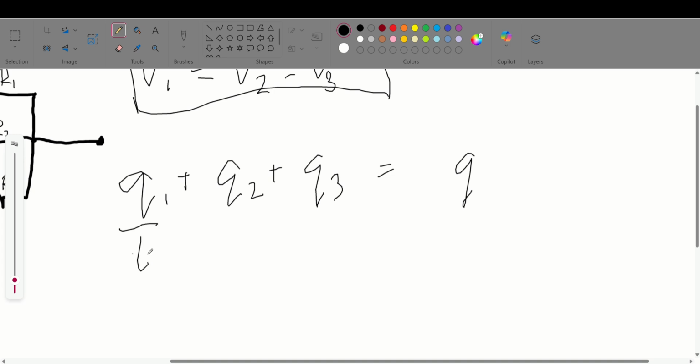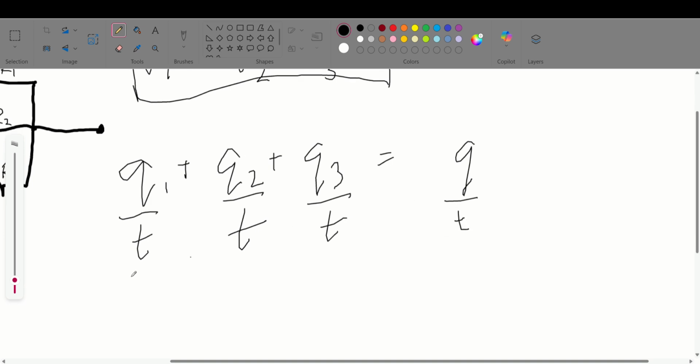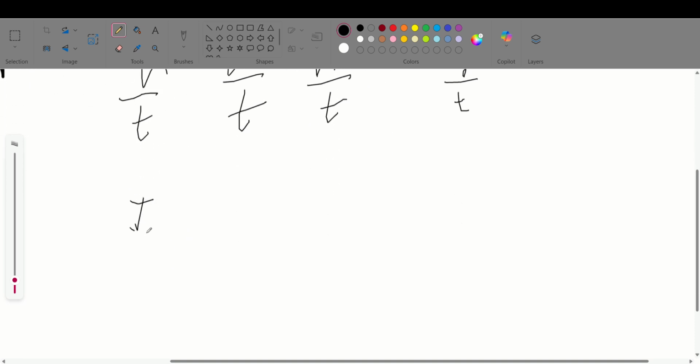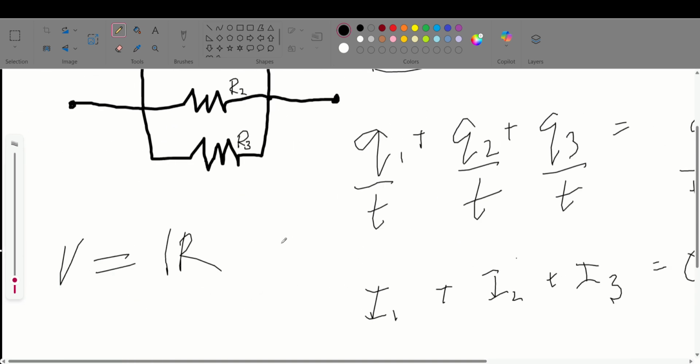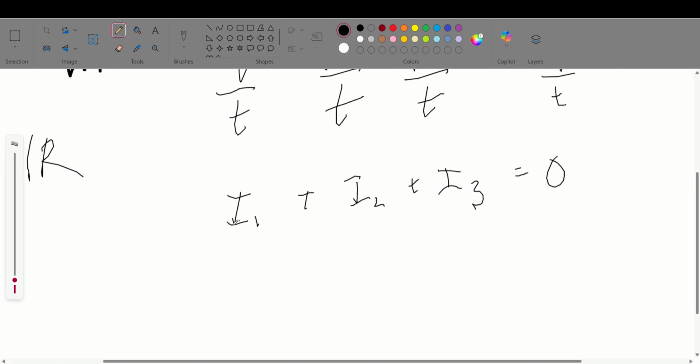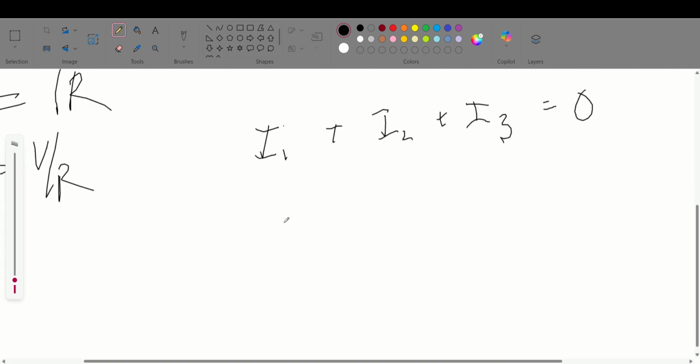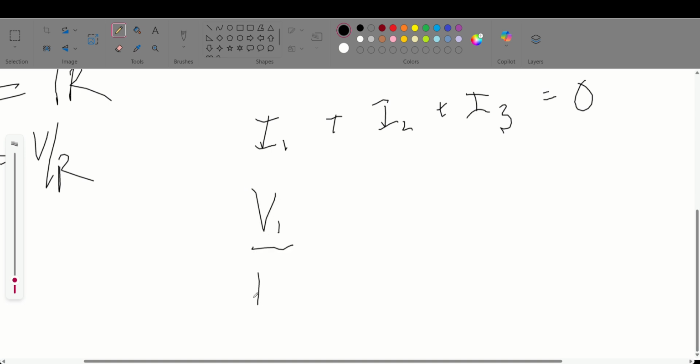Now if we divide all the terms by t, that tells us that the sum of all 3 currents, which is I1 plus I2 plus I3, is equal to I. Now using Ohm's law, what we can do is replace I with V by R. So V equals IR means that I is equal to V by R. So the value of I1 is going to be V1 by R1.